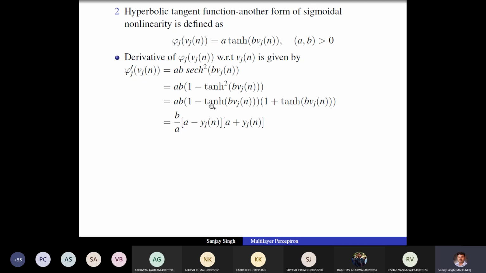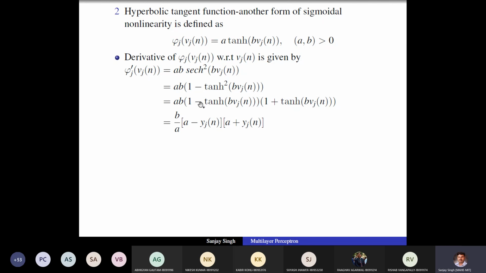So we write something here, and something has to be seen here. Because phi j is a multiplier factor, but here a is missing. So I have to multiply by a here and here also.